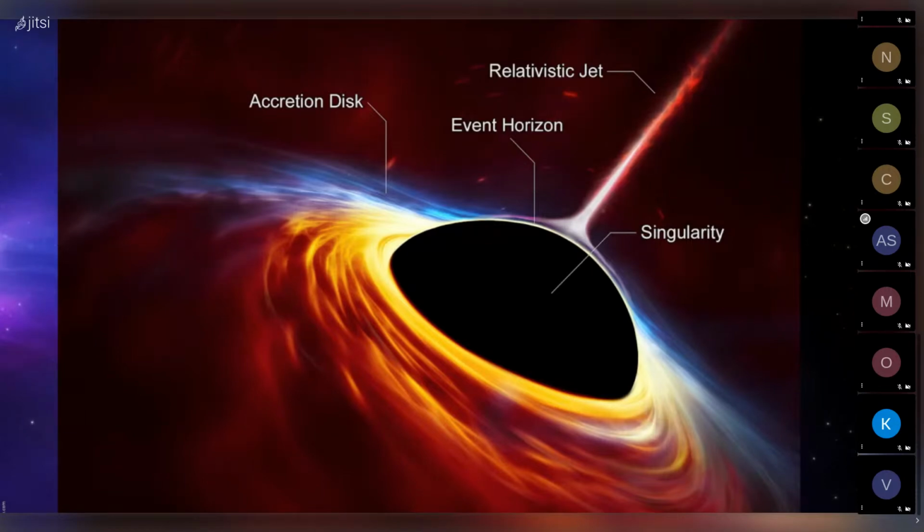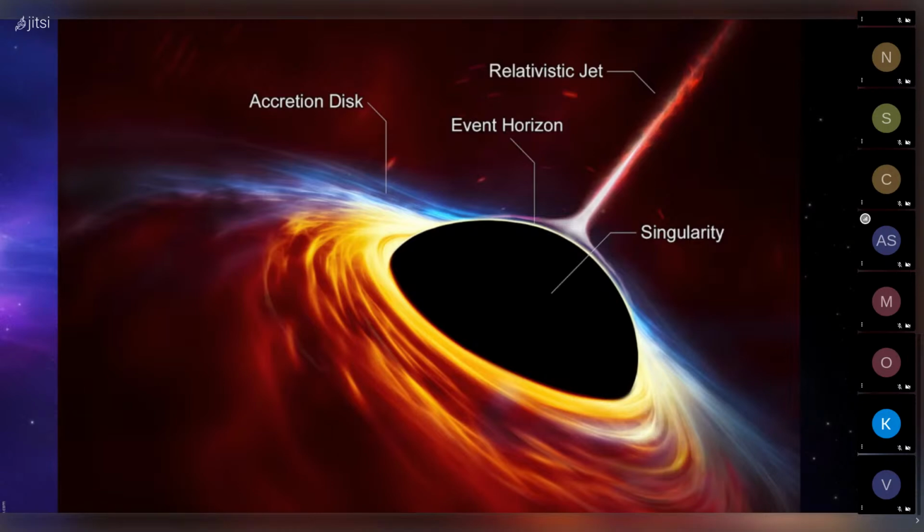And inside the event horizon, there is something called the singularity. The singularity at the center of the black hole has infinite density, and all matter or light, anything the black hole absorbs, goes there.